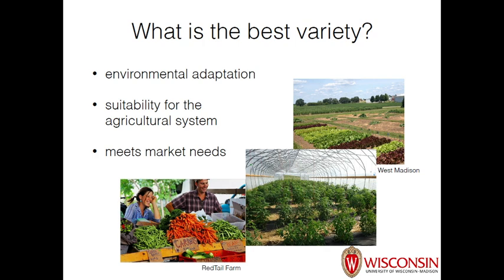Is it suitable for the particular agricultural system? So if you're an organic farmer, or a low input farmer, or if there's something particular about the way that you grow, making sure that the varieties you're using are actually suitable to the system that you operate within. And then, is it going to meet your market needs? Are your customers going to be raving about this beautiful pepper variety that you've brought to market?